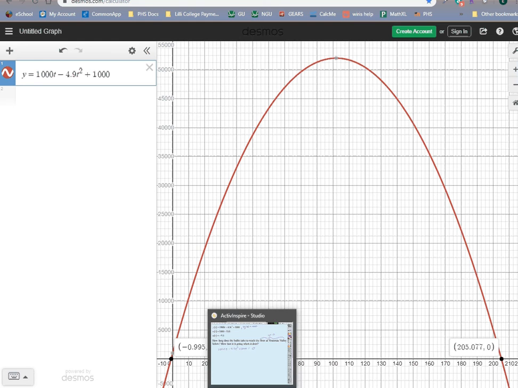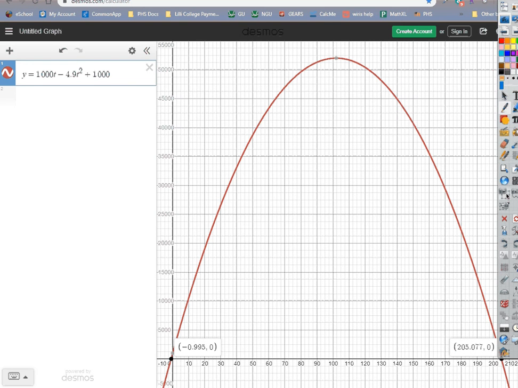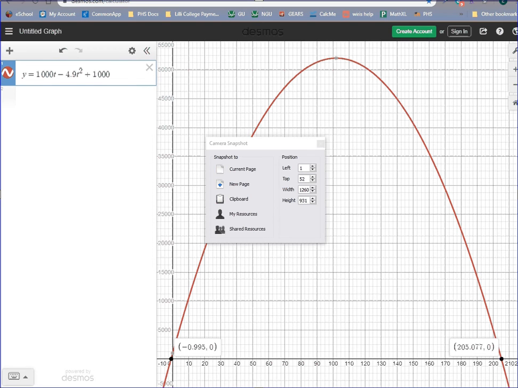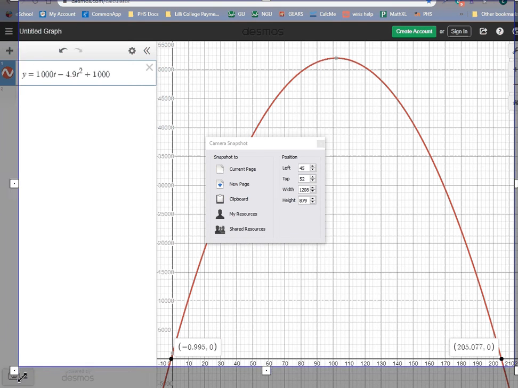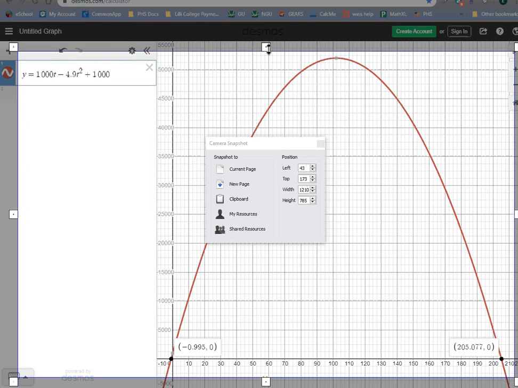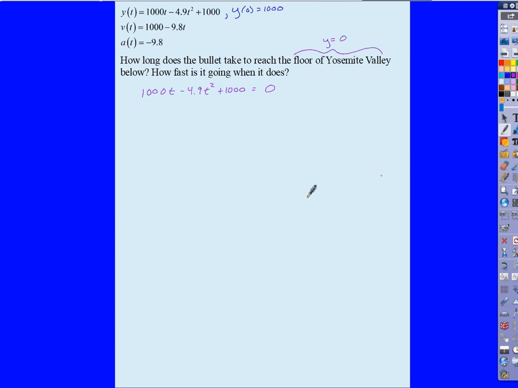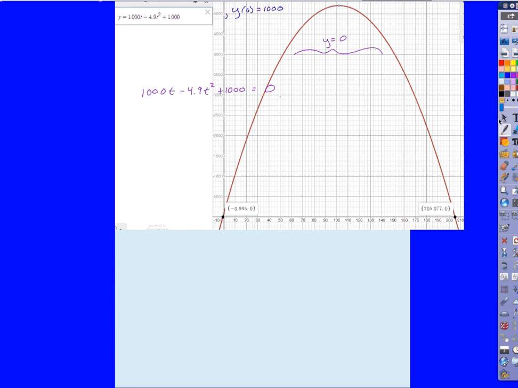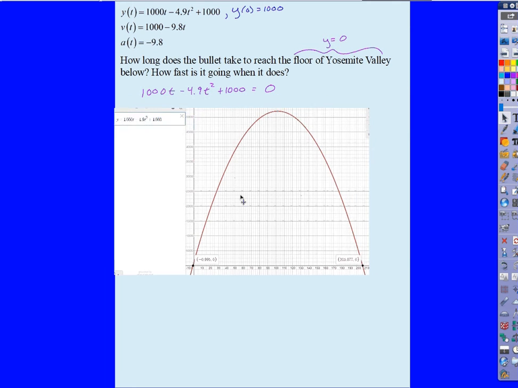Okay, I'm going to get a picture. Okay, there we go. So there's our picture.